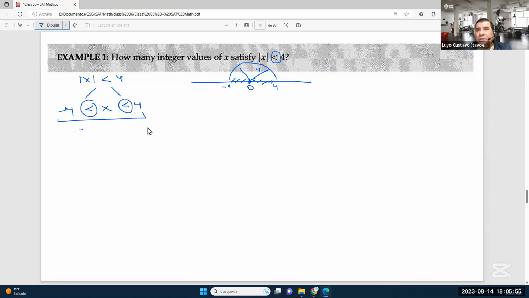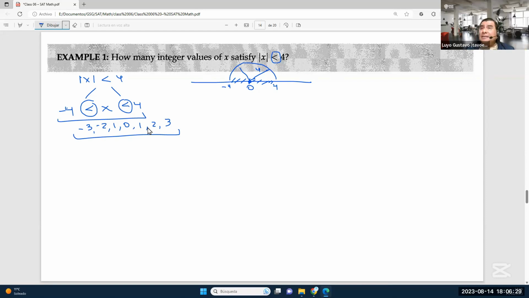Here you can count -3, -2, -1, 0, 1, 2, and 3. So how many values exist? How many are here? Totally. Because all the values I've just written are integers, right? Yes. 0 is an integer, by the way, don't forget that. And there are positive and negative integers.